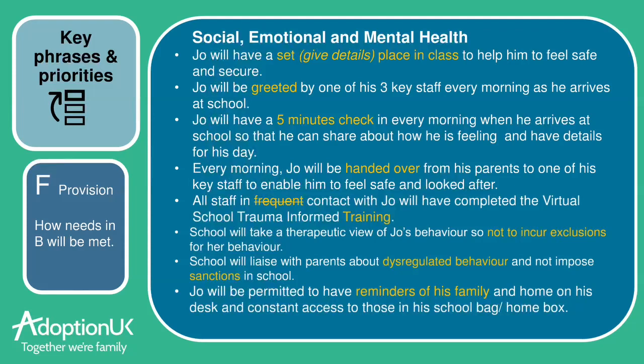Some of these may be completely irrelevant to your children, but hopefully you'll find some and you'll grasp the essential sorts of information we want to be seeing in EHCPs for our adopted and kinship care children. So this section we're looking at social, emotional and mental health. I would say lots of writing, but I'm hoping you can pause your video and take time to pick out the ones that are most relevant to you and adapt them to suit your child.